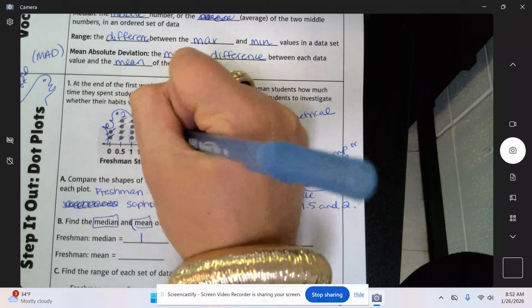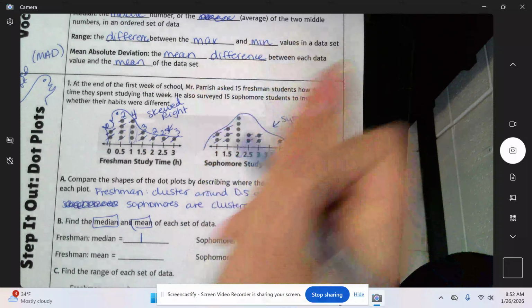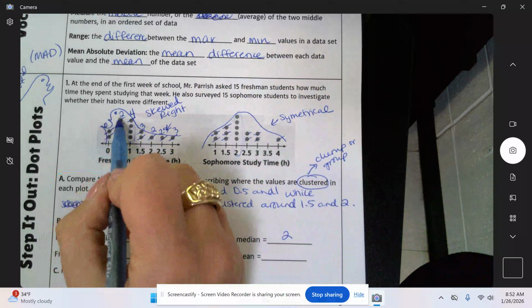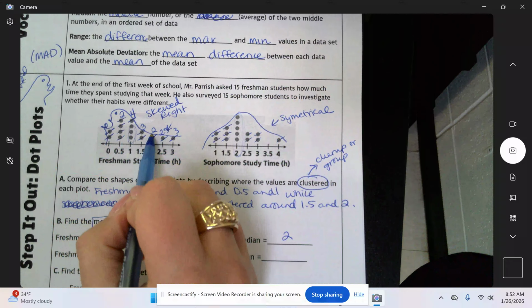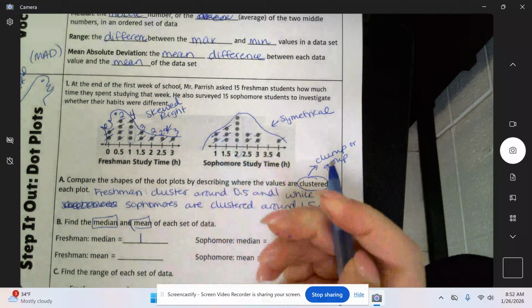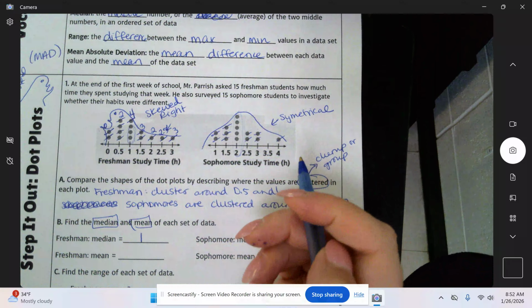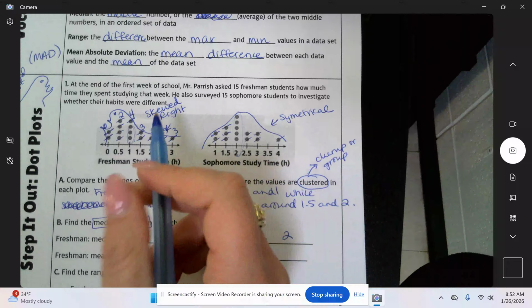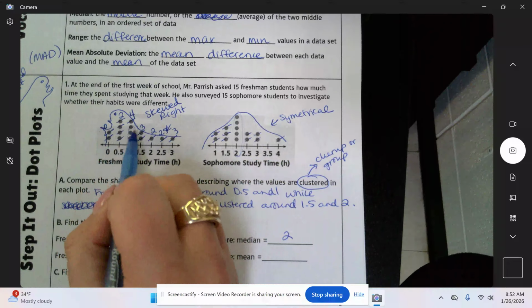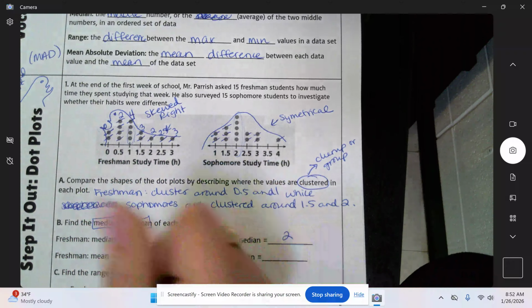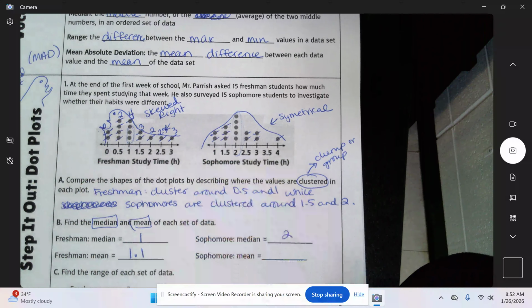This is 2, 2 and a half, 3. So now I can add those together. 0 plus 2 plus 4 plus 3 plus 2 plus 2 and a half plus 3. I can add all those together. Divide by how many numbers I had: 1, 2, 3, 4, 5, 6, 7. I end up with 1.1.